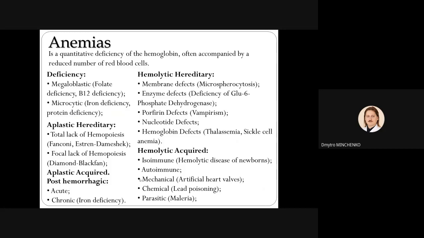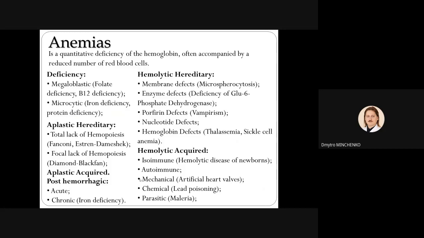We have deficiency in megaloblastic, which is a folate deficiency or B12 deficiency, microcytic iron deficiency, protein deficiency, aplastic hereditary total lack of hemopoiesis, such as anemia of Fanconi, Estren-Dameshek, focal lack of hemopoiesis, such as Diamond-Blackfan, aplastic acquired post-hemorrhagic acute and chronic, such as iron deficiency, would be a chronic acquired post-hemorrhagic.